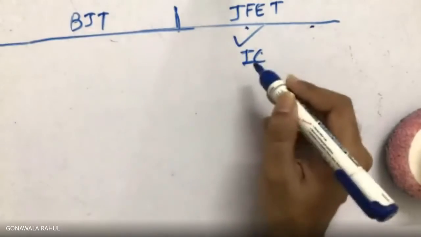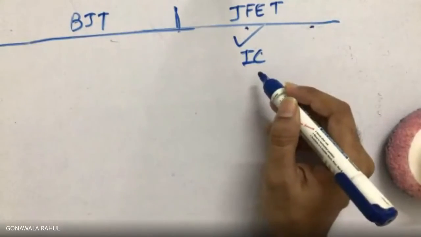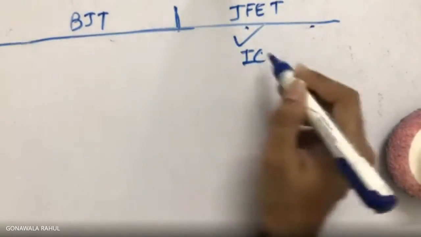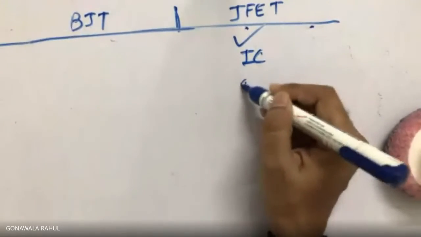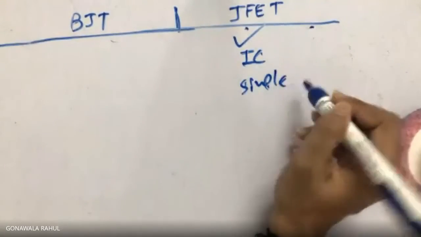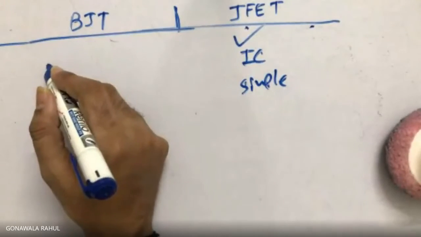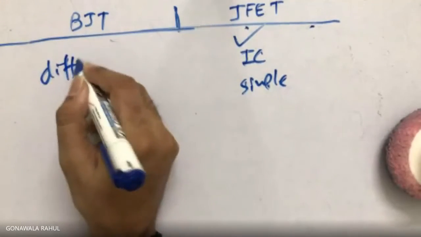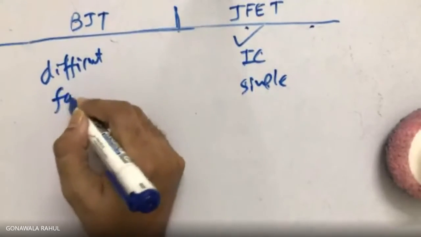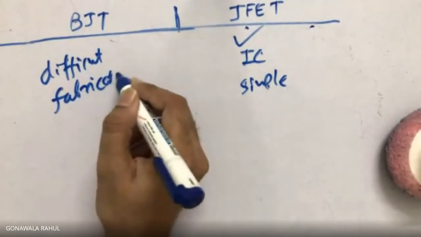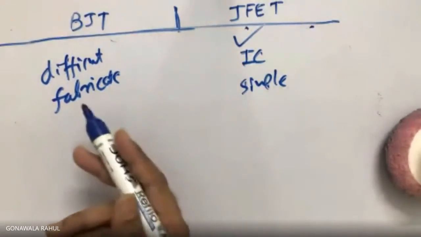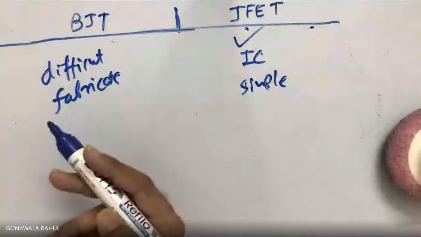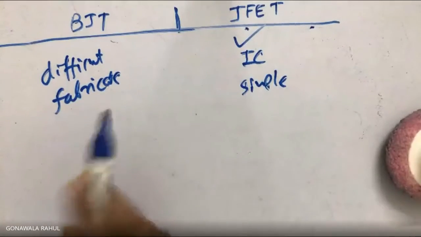Means it occupies less space on the IC chip, so this is much simpler, while BJT is comparatively difficult to fabricate. As we know, size is also more, so that is the thing.